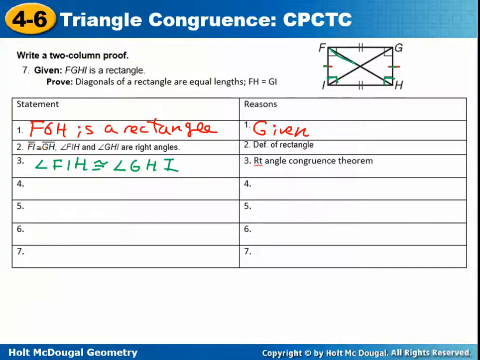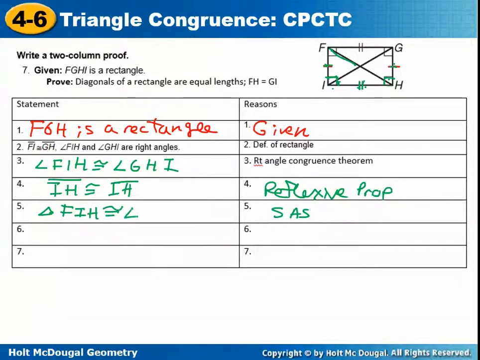So we also know that, let's see, oh, this side down here, IH is congruent to IH by the reflexive property. So I've got a side and then an angle and then a side. Side, angle, side. So by side, angle, side, I know that triangle FIH is congruent to triangle GHI.